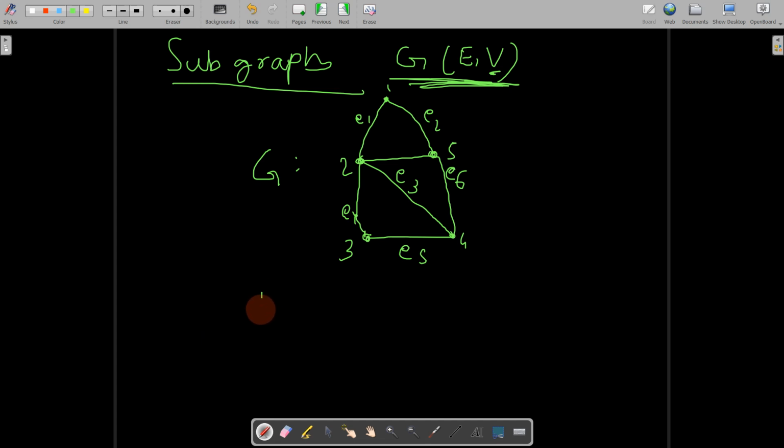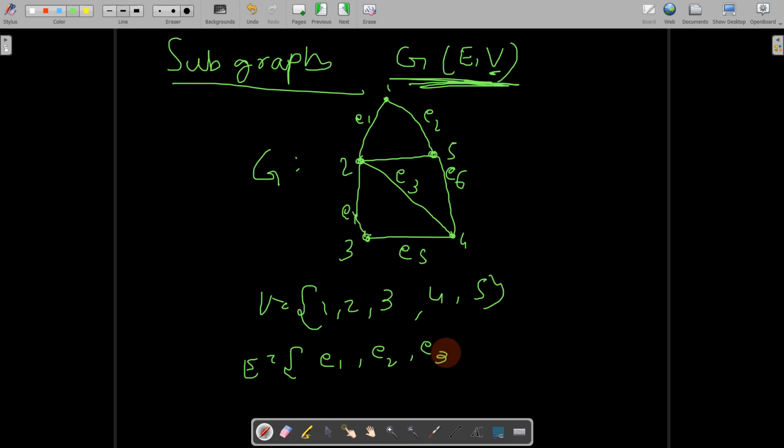So G vertex set is 1 2 3 4 5, and edges are E1, E2, E3, E4, E5, and E6.